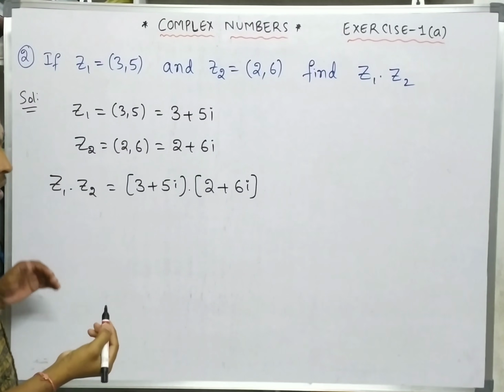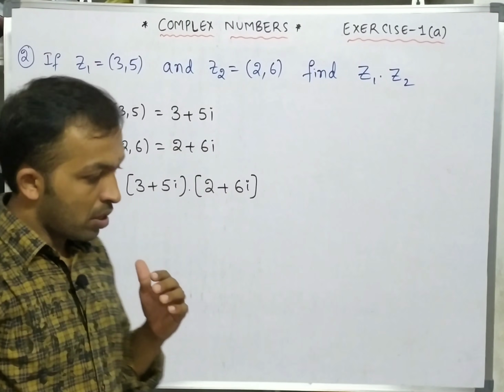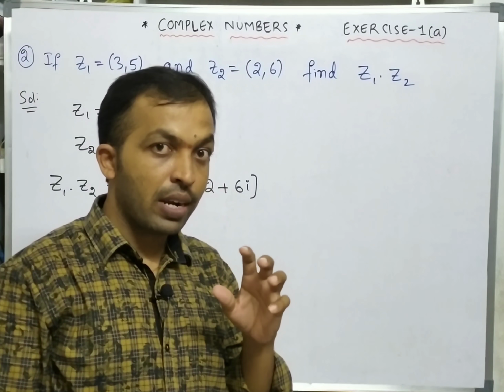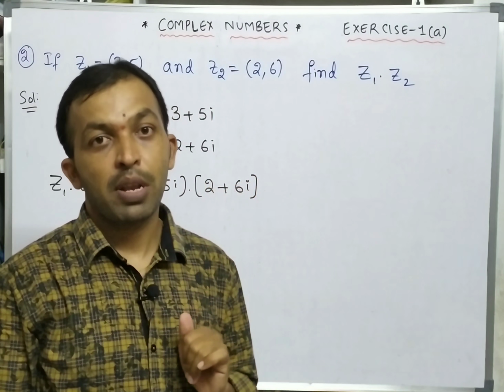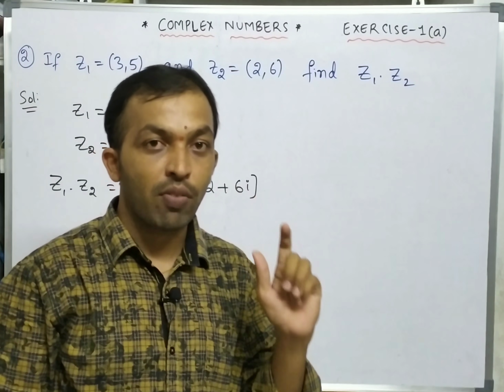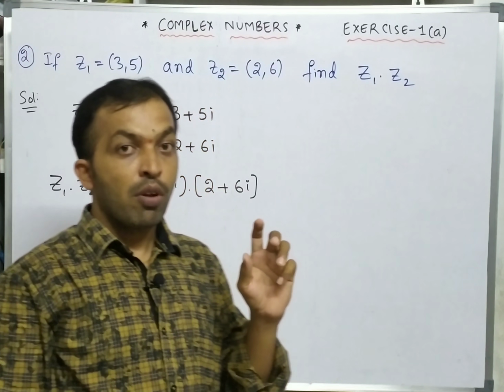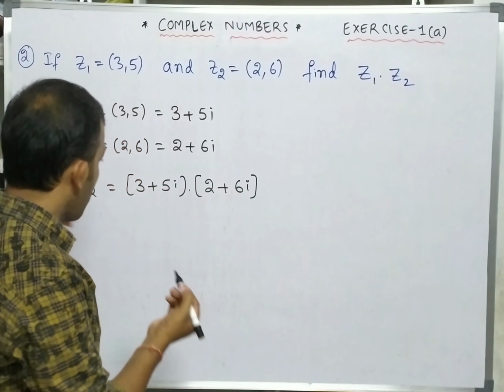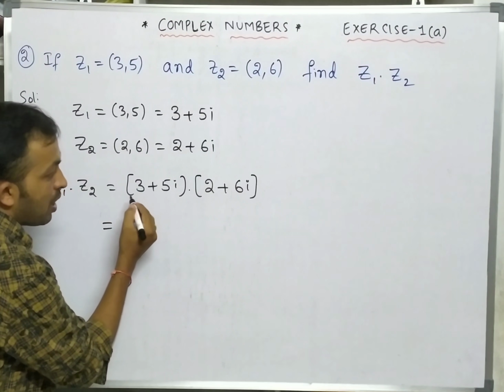The multiplication of two complex numbers is different from our normal multiplication. Here we will get i into i, and the value of i square is minus 1, so by using that i square is equal to minus 1 we should multiply. Multiply term by term.